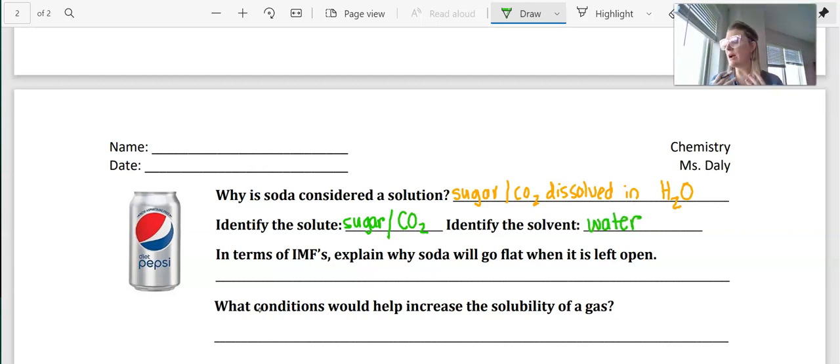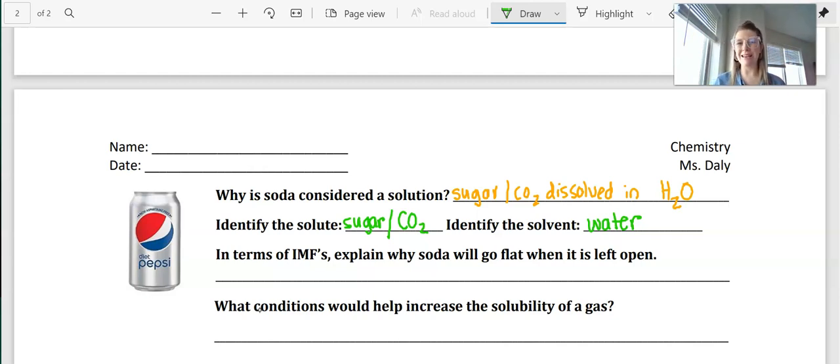Okay? Now, in terms of intermolecular forces, why will soda go flat when it's left open? So think about a can of soda. You crack it open, you hear the most satisfying, delicious sounding fizzing of bubbles. But that fizzing of bubbles means that the gas is coming out of the water or coming out of your soda. So if I leave my can of soda open for long enough, why is that the case?